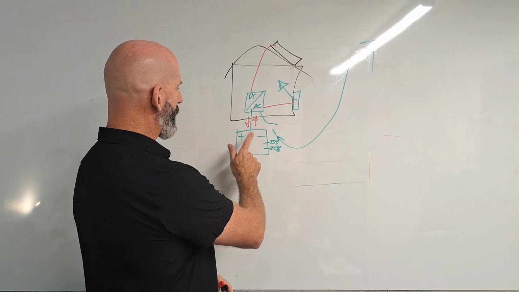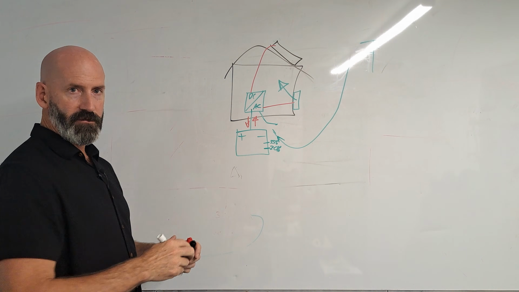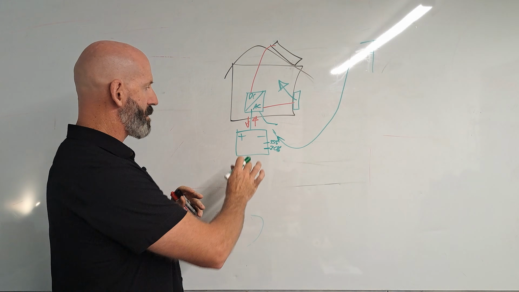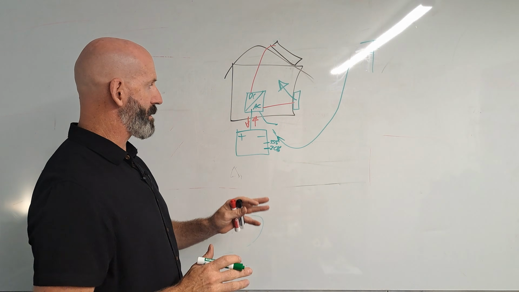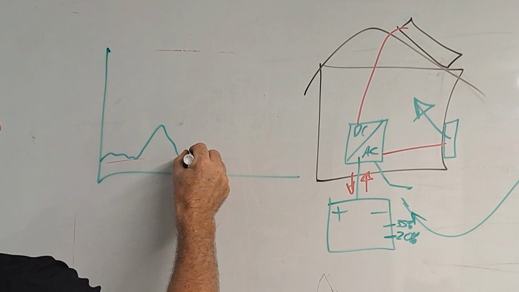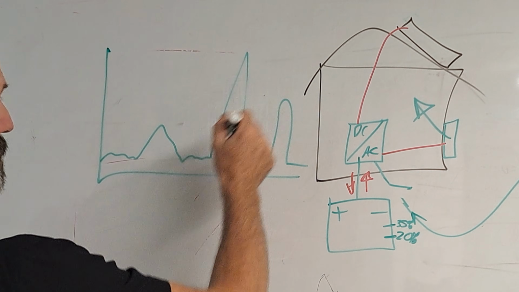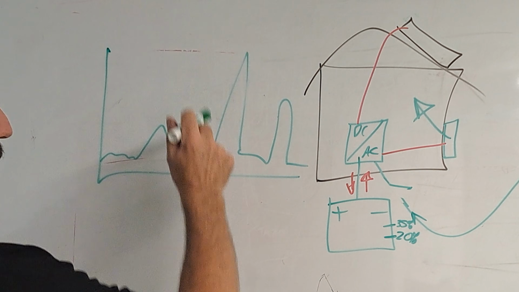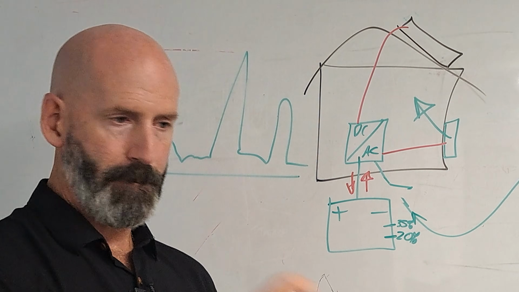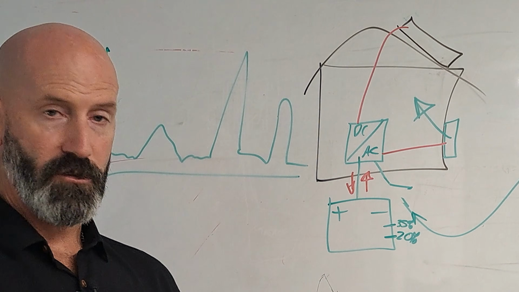Now, back to the batteries. The reason that we have to have different batteries and high quality batteries in off-grid, and this is the difference. If you don't have high quality batteries, you're going to find they're going to die quickly because of that graph we had before, where your power usage does this during the day. These big spikes are where this battery and that inverter have to go from 0 to flat out and back to 0 or near enough on our graph to provide the power as you need it.